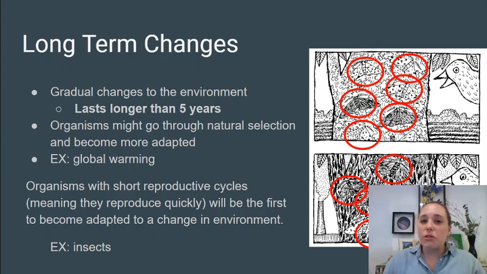It's going to be really difficult for an elephant to survive a natural change because it's going to take a lot longer for the elephant to have a baby. Whereas short reproductive cycles, like for rabbits or insects or just things that live for a shorter amount of time, tend to have more babies. The more babies you have, the shorter the time between having babies, the more likely you will be adapted.